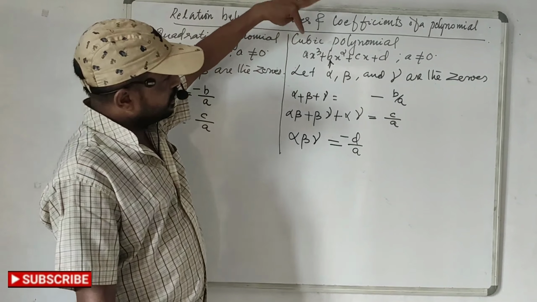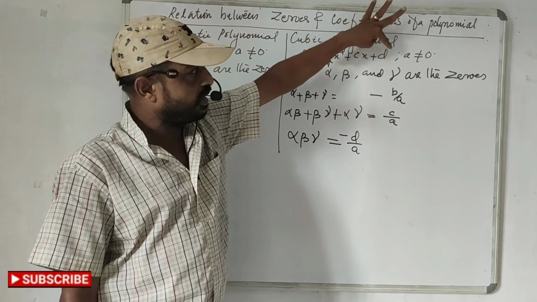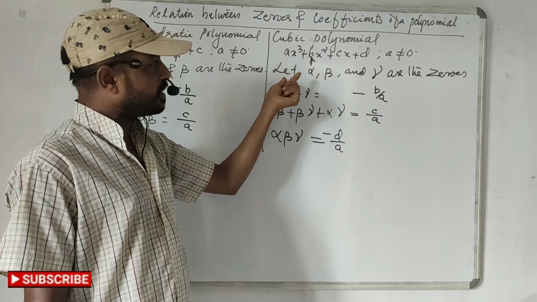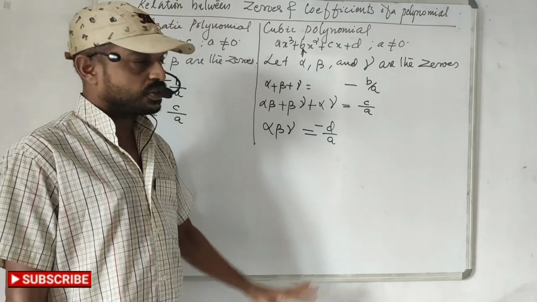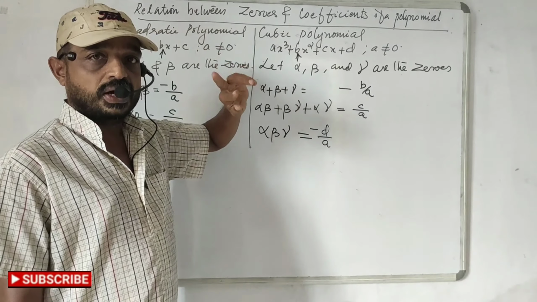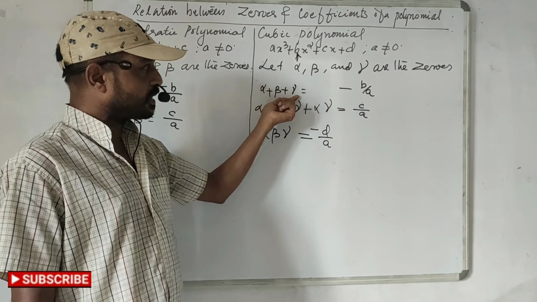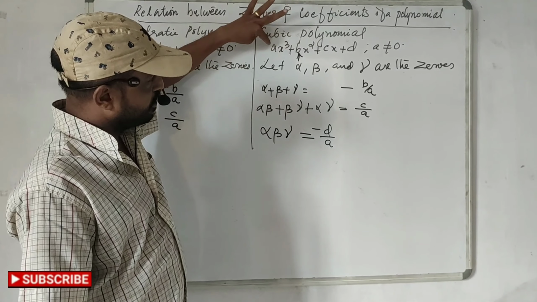Here, consider the cubic polynomial ax cube plus bx square plus cx plus d, where a is not equal to 0. Since this is a cubic polynomial, we are assuming that alpha, beta and gamma are the zeros, because a cubic polynomial will have how many zeros? Three zeros. Then alpha plus beta plus gamma, that is the sum of the zeros, will be minus b by a.